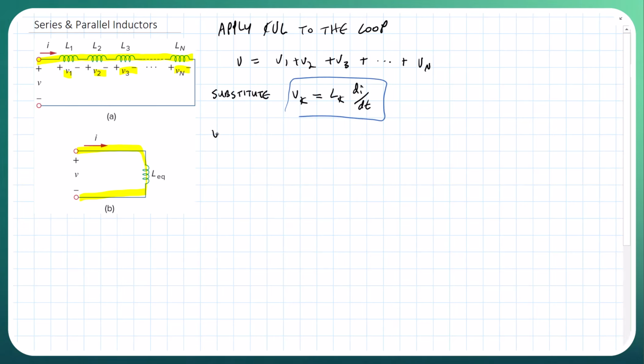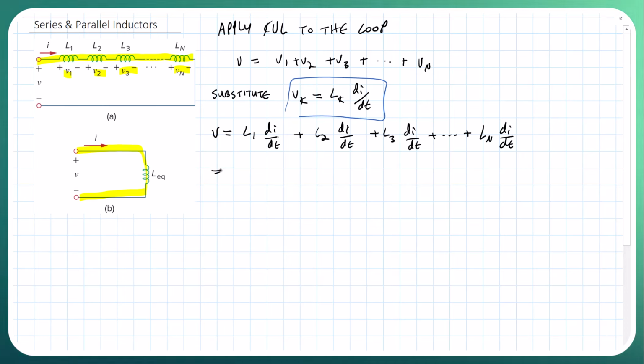So V is going to equal L sub 1 di over dt plus L sub 2 di over dt plus L3 di over dt, all the way up to our last inductor, L sub n di over dt.